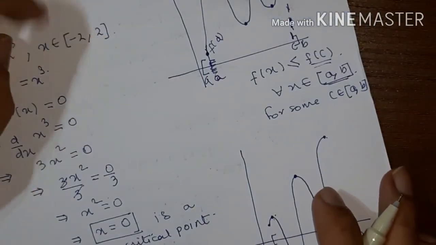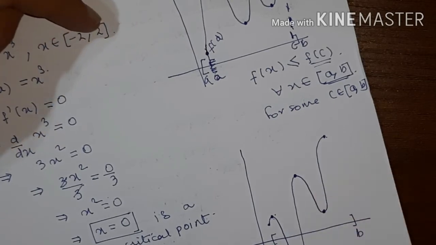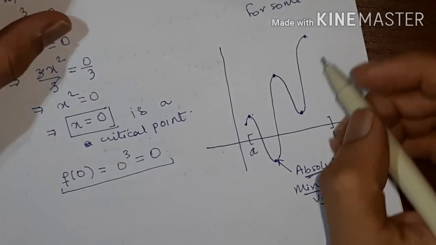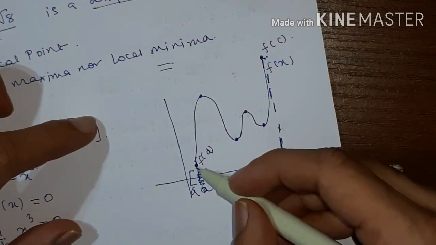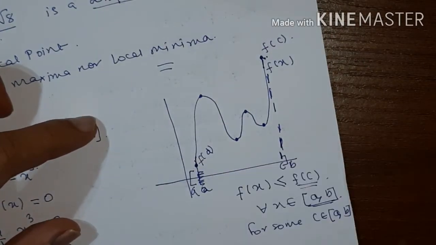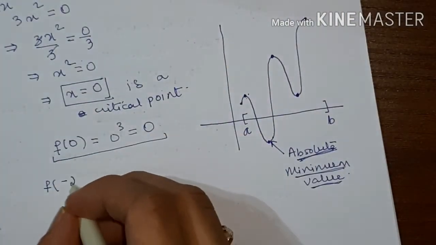Now we also have to check the value of the function at the end points, because this may also happen: absolute minimum can be at the end points. So f of minus 2 you find out.